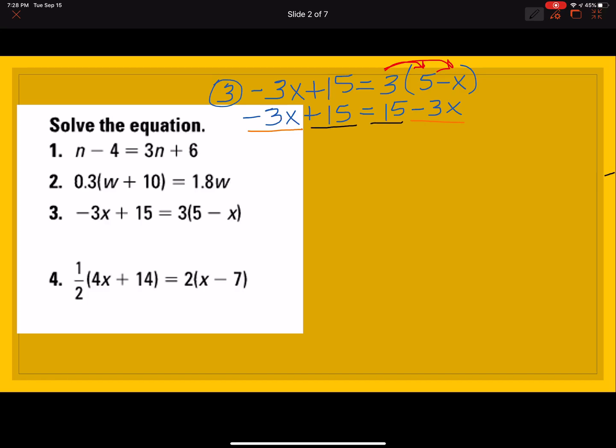Both sides are equivalent. And if you will remember when we talked about some of those special solutions, when we have an equivalent side, we know it is true or equal. We call that infinitely many solutions.